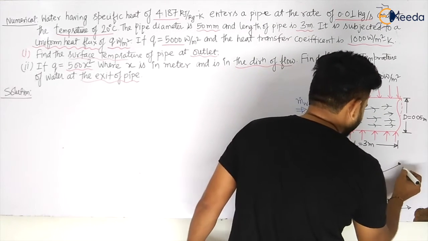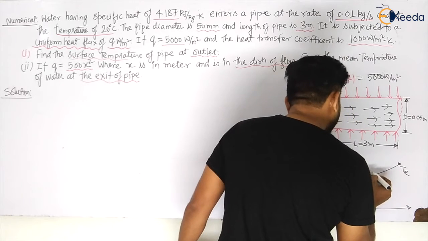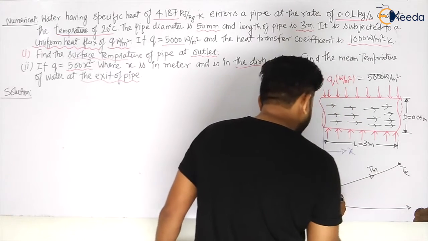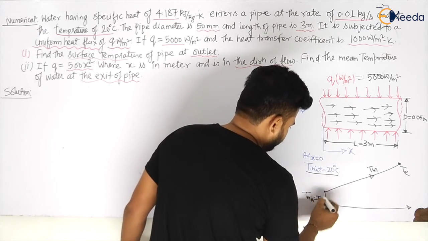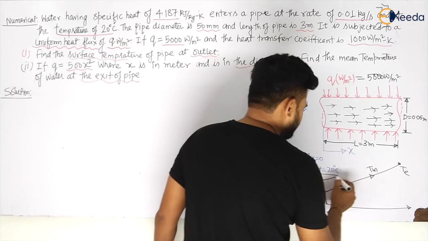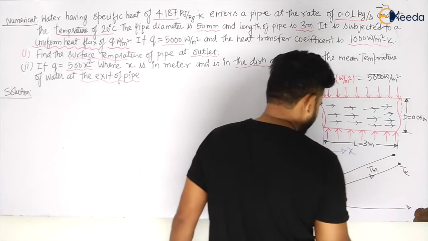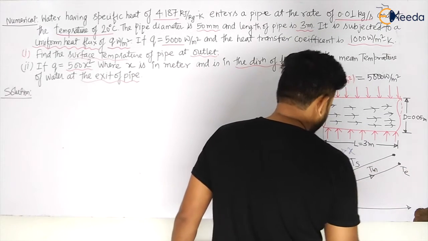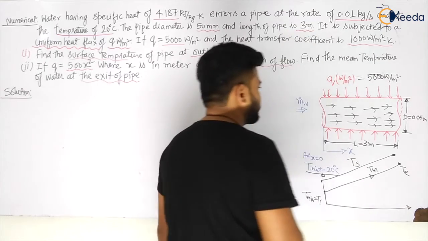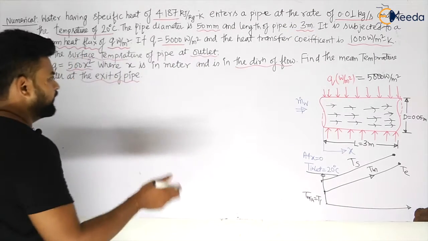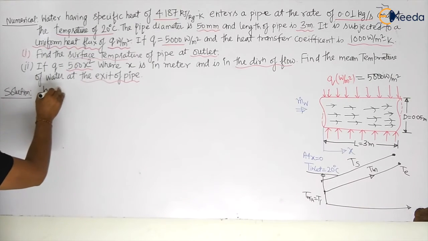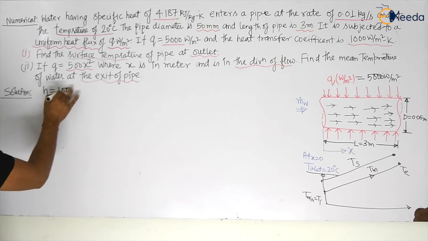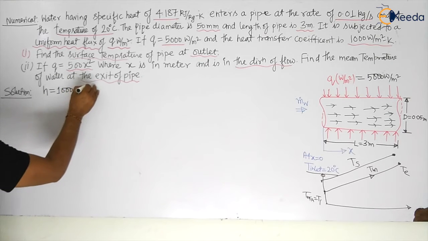So that is your Te, that is your Tm, and that is your Tm inlet, which is equal to Ti. Now the surface temperature will also increase like this. So this is your Ts. And the heat transfer coefficient h is given to be 1000 watt per meter square Kelvin.